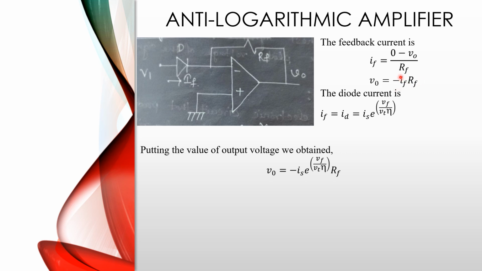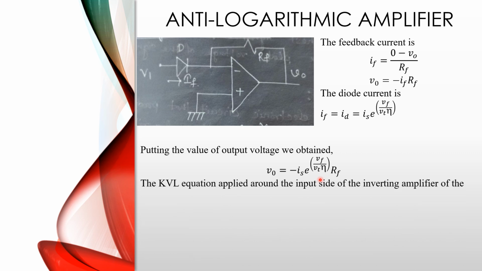If we put the diode current in this equation, what we get? That is minus Is Rf e to the power Vf divided by eta Vt, right?